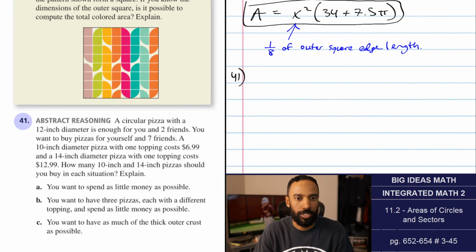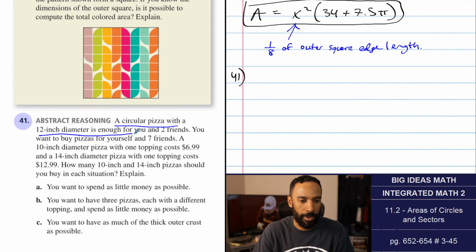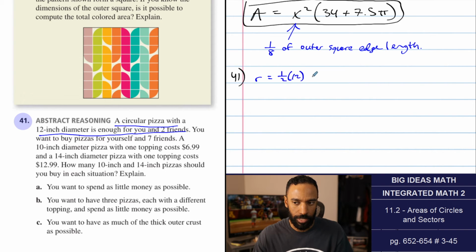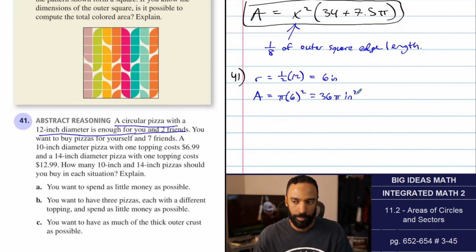So let's put this as blue, just so we understand what we're talking about. I could do this on my own with scratch work, but I'm talking to you guys about it. So radius is half of 12, which is 6 inches. The area of that pizza is pi times 6 squared, not rounding anything, which is 36 pi square inches.